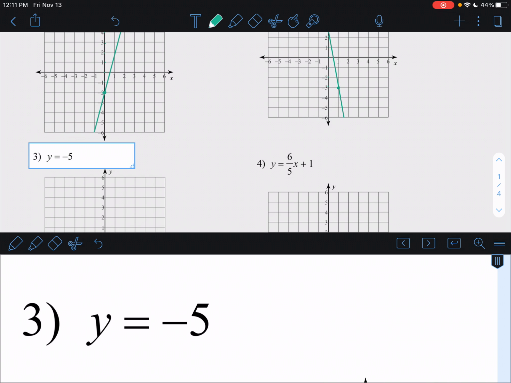Looking at number 3, this is just y equals 5. There is no x. So it's like y equals mx plus b, but since there's no x, it's like y equals 0x plus b. So our slope is 0. Our m is 0, and this is our b.